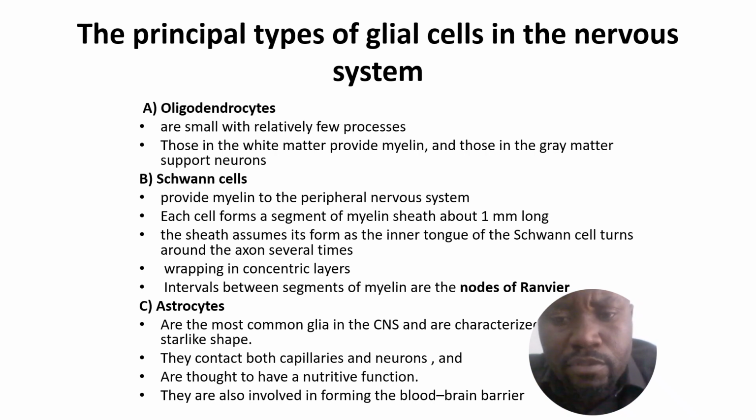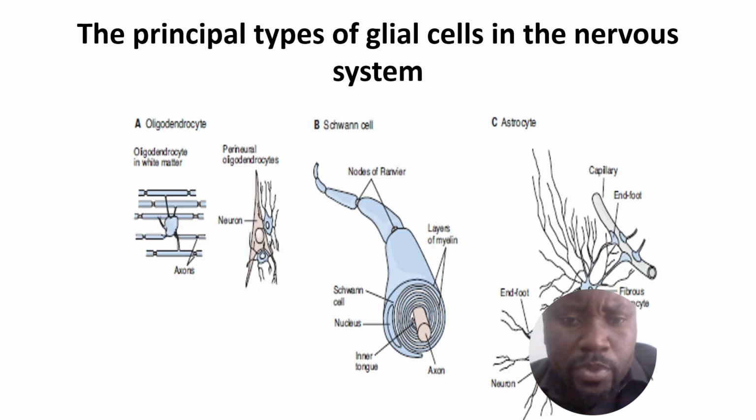This is a result of their anatomical shape as well as the features of their foot processes, extending to wrap around capillaries of the circulatory system, such that they provide an extra layer on the circulatory environment of the nervous system. Therefore, they control and limit the movement of material into nerve tissue by contributing to what is called the blood-brain barrier.